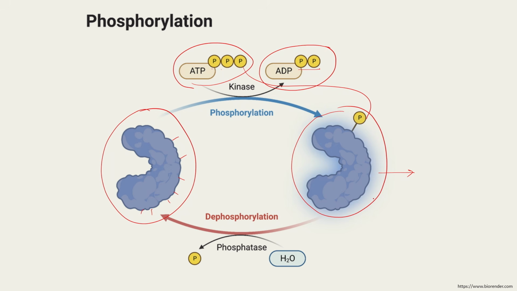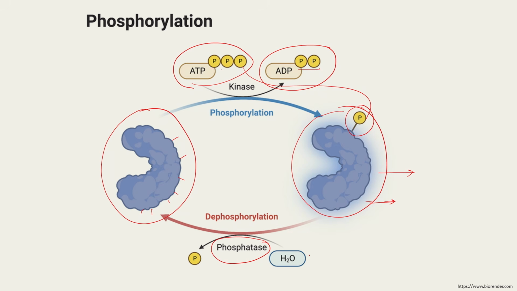Now, once the function of this protein is over, and the protein is no longer required for some event, this phosphate needs to be removed in order to convert the same protein into the native form. The second enzyme plays a very important role here, called phosphatase.